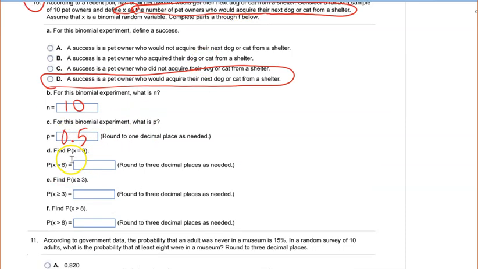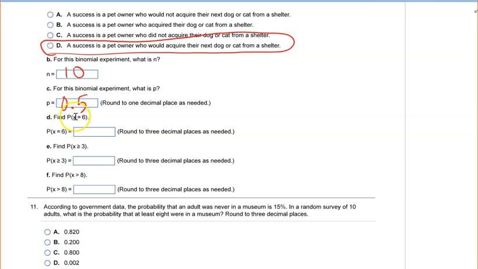Find P(X = 6). To find this, you have to do binomial PDF. This is the probability of x equals 6. And again, we did that. What's the formula?